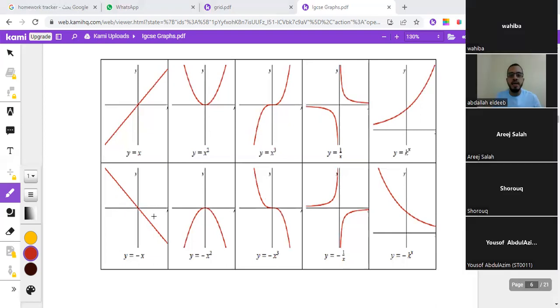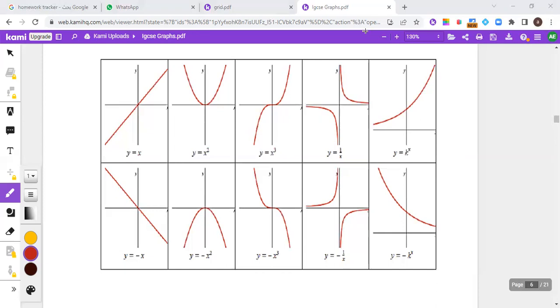Like here, y equals x. If y equals x, it will be a straight line. Y equals x squared, it will be a parabola like this. Y equals x cubed will be something like this. Y equals 1 over x, it will be like this. Y equals k over x, a number over x, it will be like this. And this one is reflection.